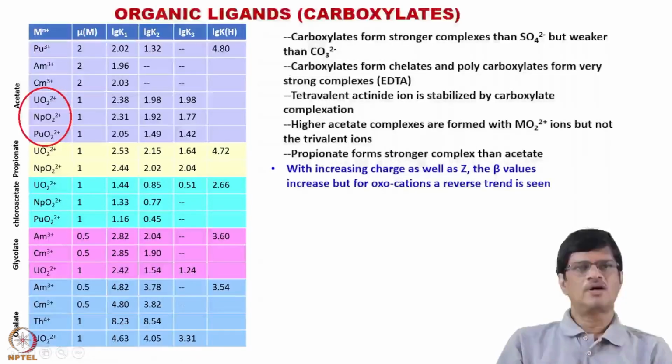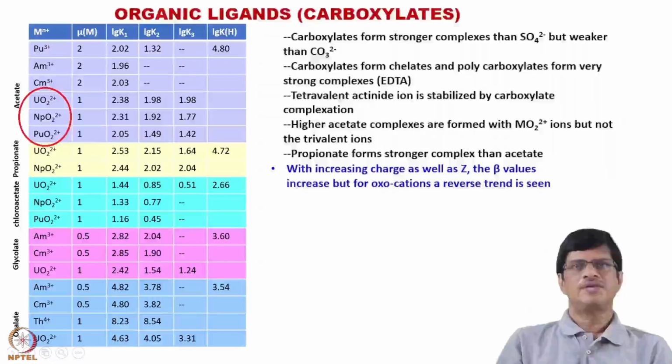And for the uranyl and plutonyl ions, you find that the stability constant with the glycolate ion becomes slightly lower compared to what we have seen in the case of the acetate ion. That is because of the steric hindrance observed for the uranyl ion, because the complexation is taking place in the equatorial plane.